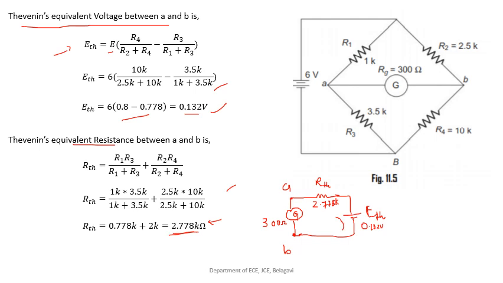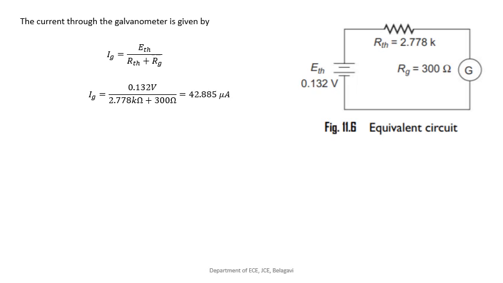So what you have to do is calculate the current that flows through this loop. The same current is going to flow through this galvanometer. So this is the diagram, this side. You'll get IG is equal to ETH divided by RTH plus RG.